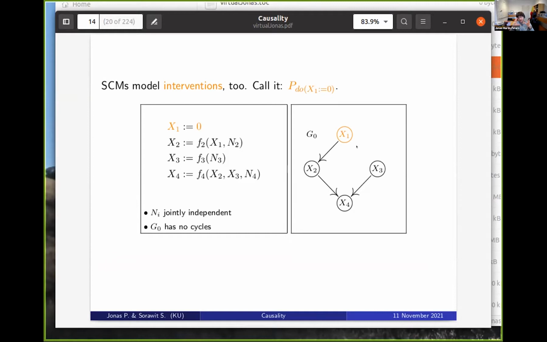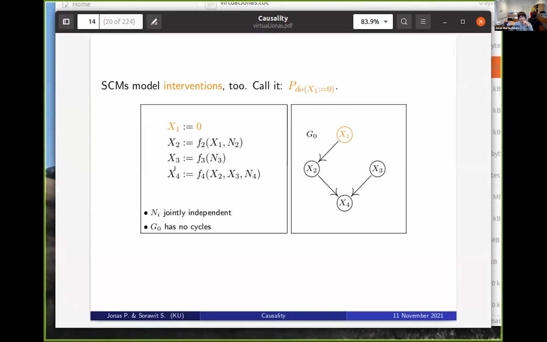This distribution will differ in many aspects from the observational distribution. Many things will be different, but they are not arbitrarily different. Why is this? Because a lot of the components in the system remained the same. For example, if you intervene on x1, you don't change the structural assignment for x2. So this will still be the same no matter what you did before. The same for x4. You're not replacing the assignment for x4 if you intervene on x1. And this is actually an important part.